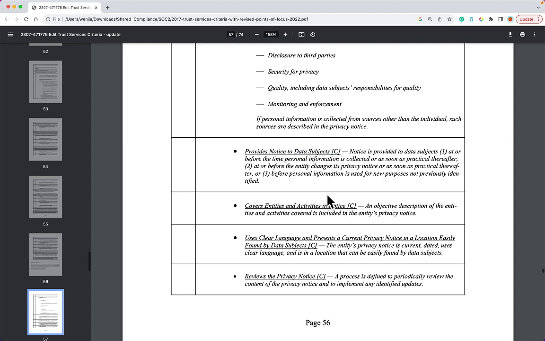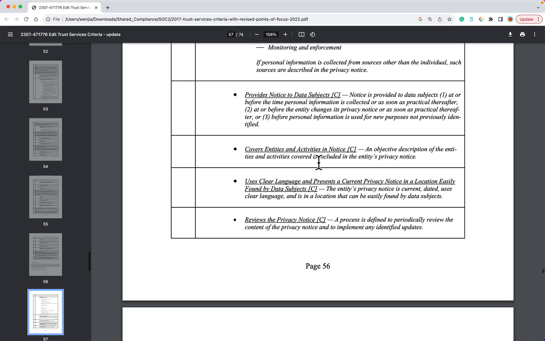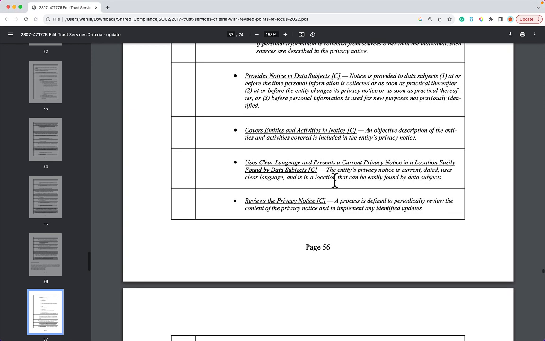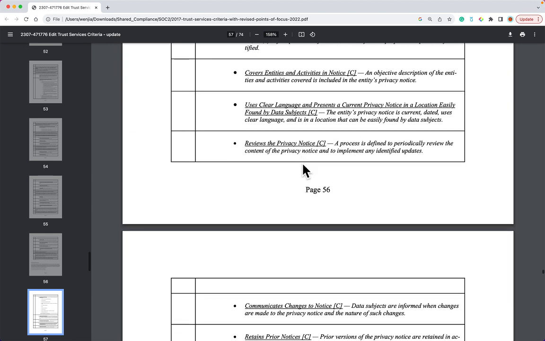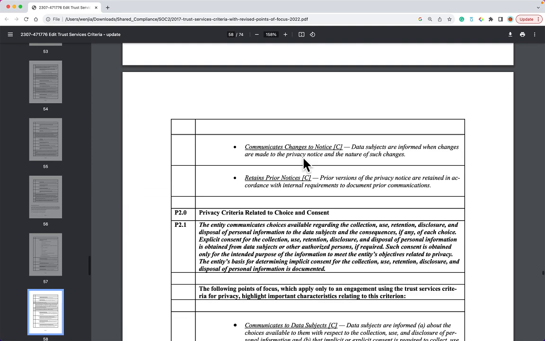Next one, cover entity and activities in the notice, and use clear language and present the current privacy notice in a location easily found by data subjects. Review the privacy notice, communicate changes to the notice, retain prior notices.